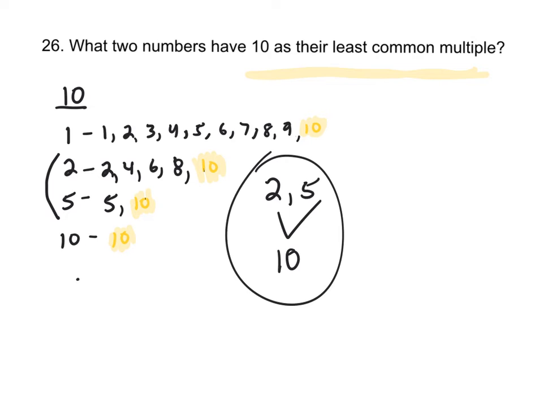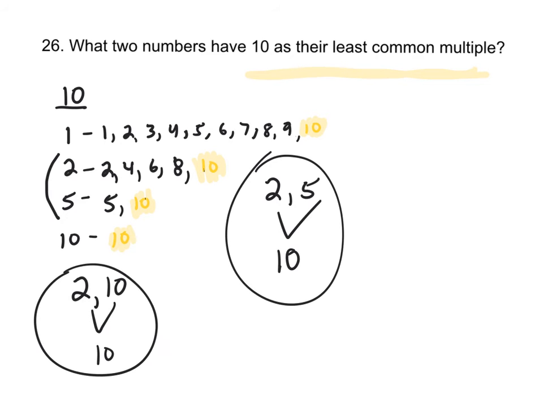Is that the only answer? Could there be another answer? Could we also say that 2 and 10 also have the least common multiple of 10? Let's look. 2 has 10 as a common multiple and so does 10, yes, 2 and 10 would work.